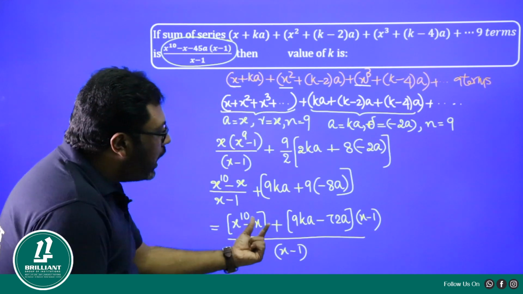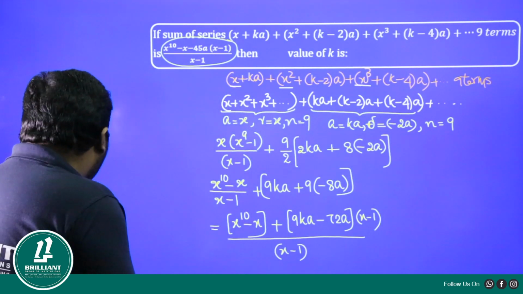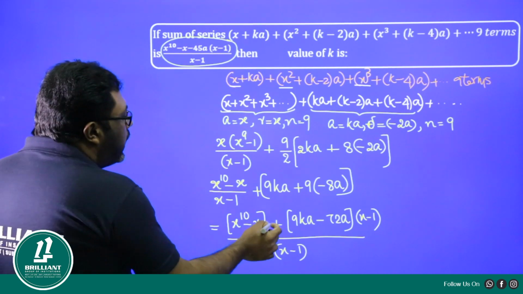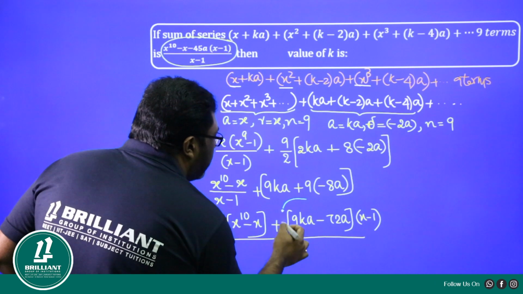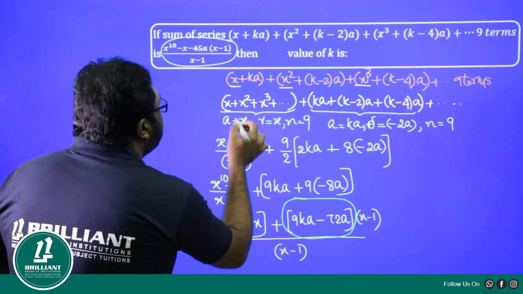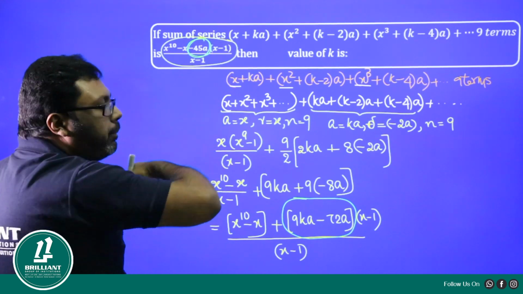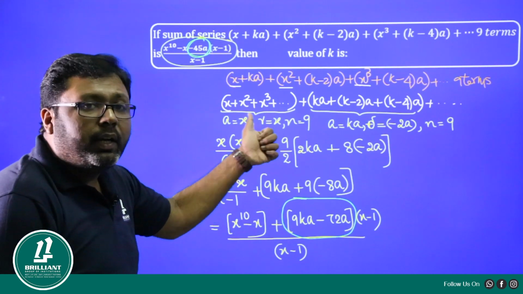Now when I compare the answer that I got with the question that they have given me, it is pretty clear that this bracket is equal to minus 45a. This bracket is equal to minus 45a.